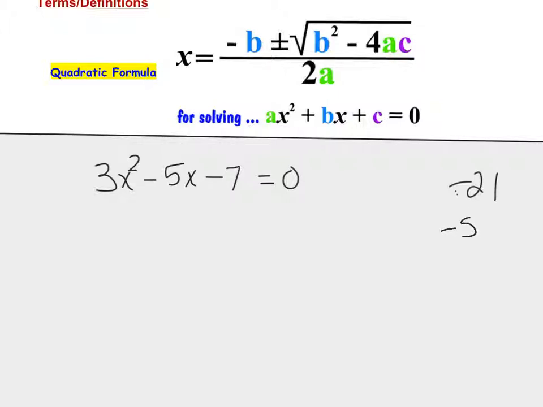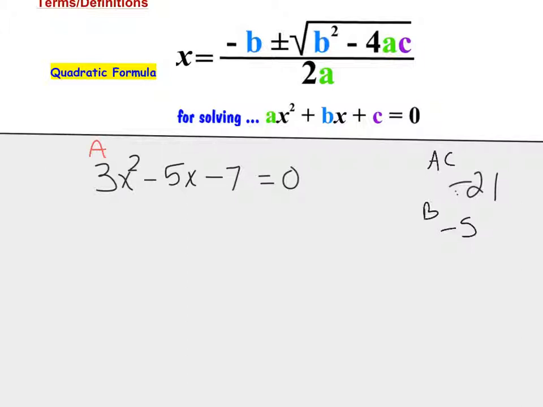There's no numbers that multiply to negative 21 that add to negative 5. There are none. So this quadratic trinomial is, as far as I can see, unfactorable. I can't use the square root method, but you have to be able to solve it. The only way you could see if it's no solution is after you try the quadratic formula.